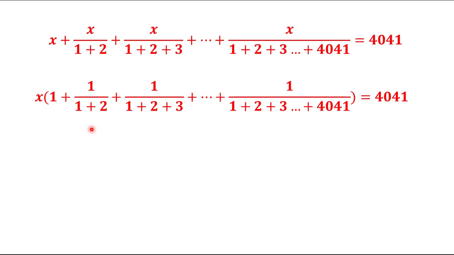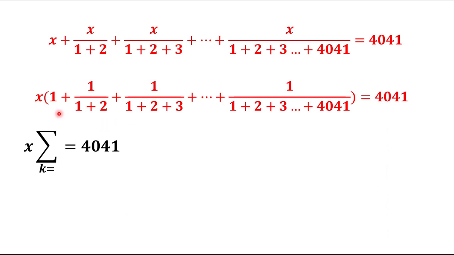So we can use the sigma notation and we can write x times sigma equals 4041, and we need to find a general expression for all fractions.